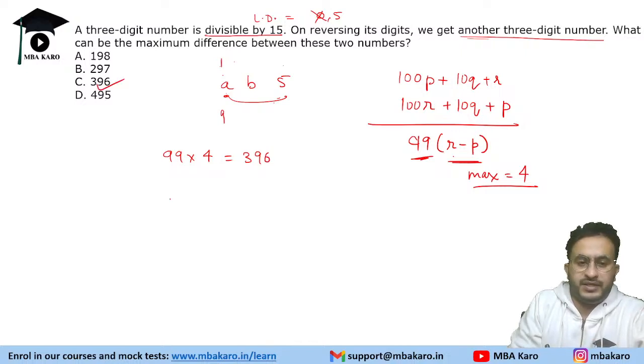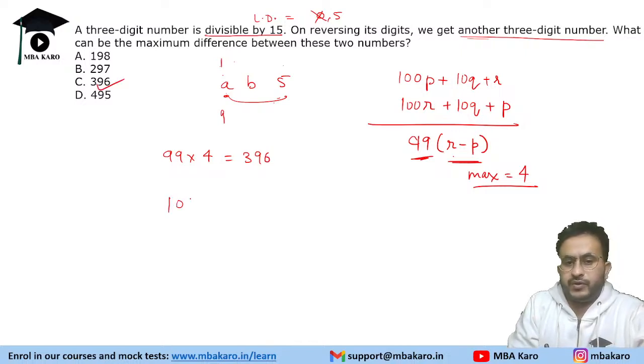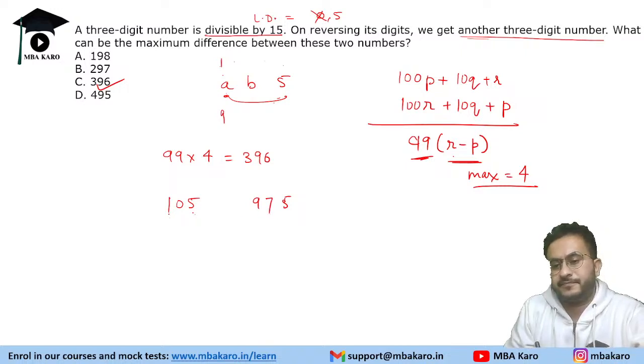So let's take some number. We need to think of the divisibility also, so we can take 105. And if you want to take the higher end, you can take 975.